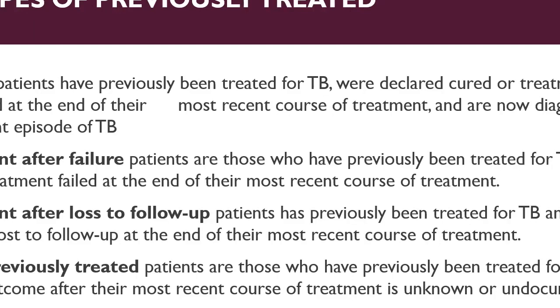Previously treated patients are again subtyped. Relapse is a person who has been previously treated for tuberculosis and was declared cured or treatment completed at the end of their most recent course and now is again diagnosed with tuberculosis. Then persons defined as treatment after failure are those who have been previously treated for tuberculosis and whose treatment failed at the end of their most recent course.